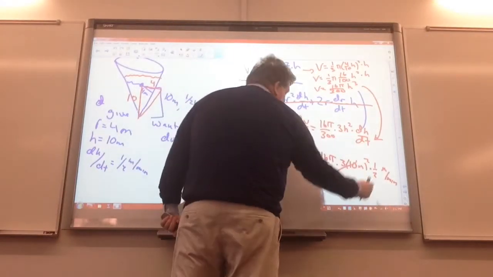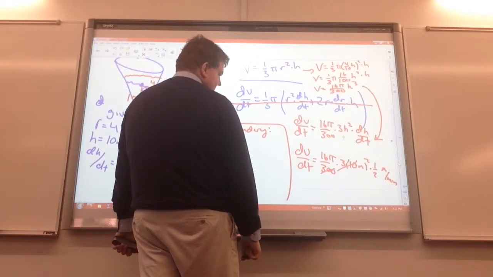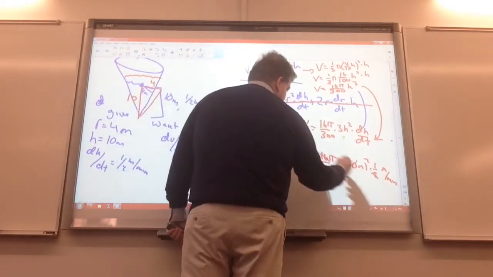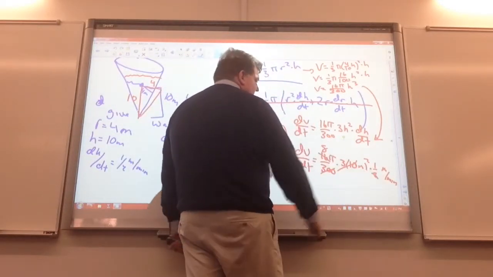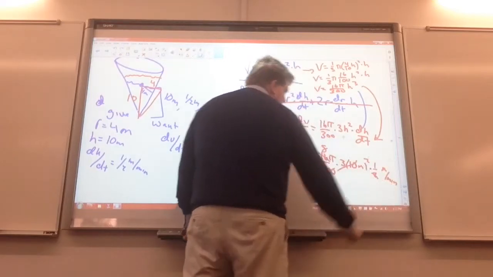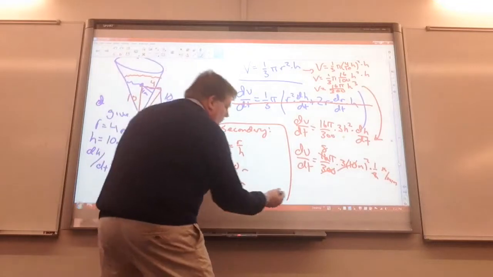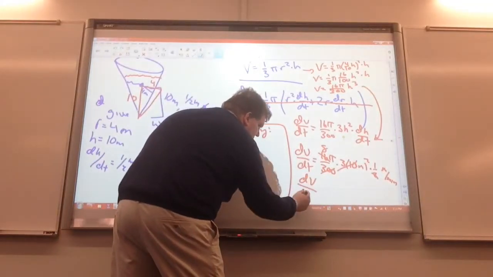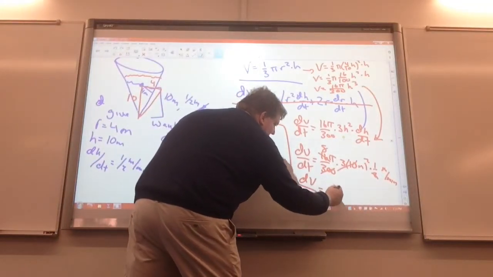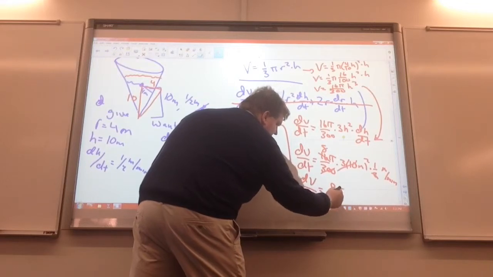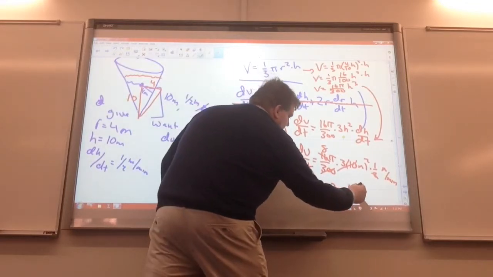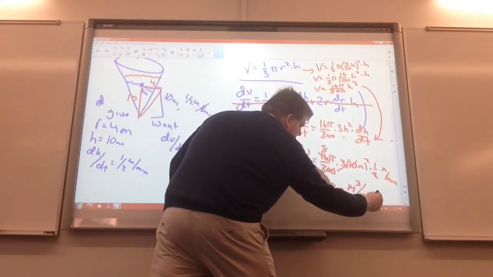What's my 16 and my 1/2 going to give me? 8 pi. And then I've got meters squared times meters per minute, which gives meters cubed per minute. So my change in volume with respect to time is 8 pi meters cubed per minute.